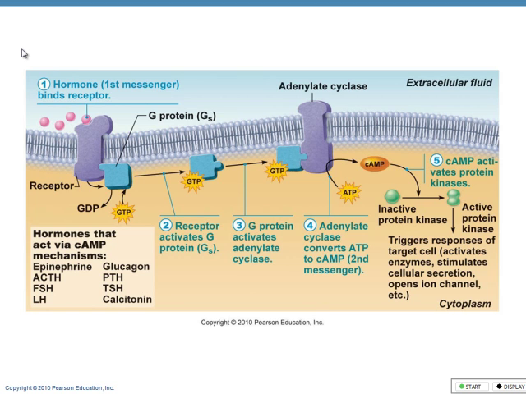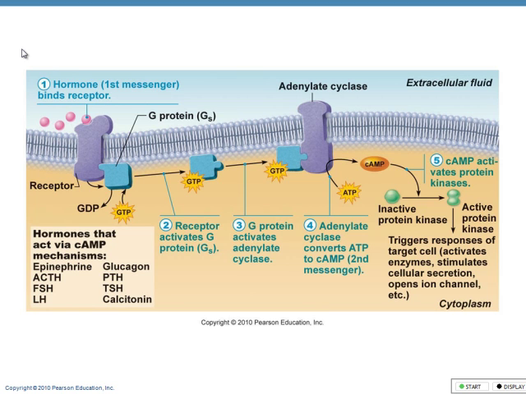Now, we learned a molecule with the D's and the P's last semester. And, you know, if you add something to it, it went from DP to TP. And if you took something off of it, it went from TP to DP. Is that ringing a bell? ATP, remember? When I added a phosphate to ADP, I turned it into ATP, adenosine triphosphate.